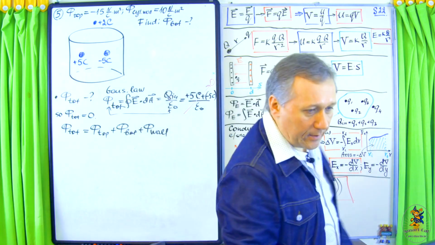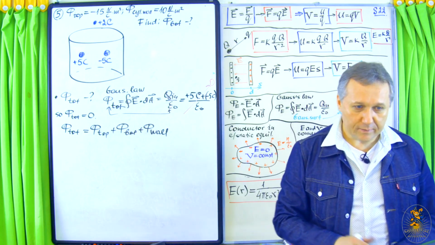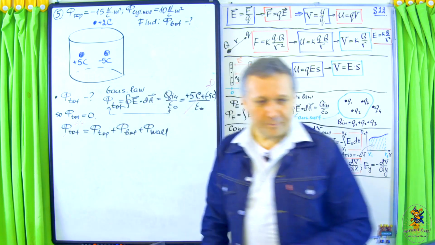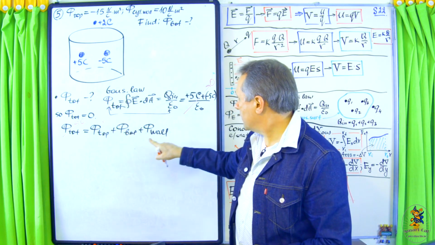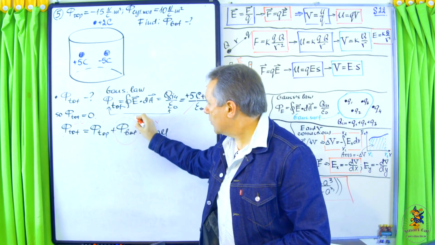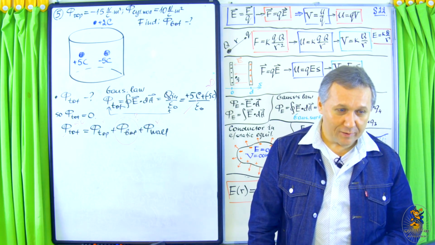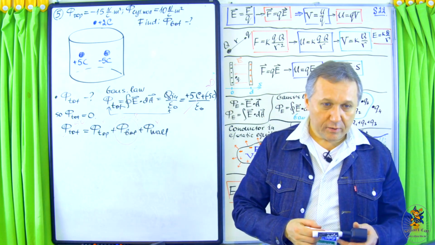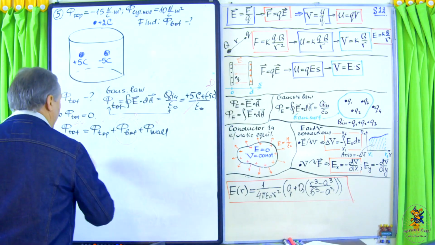Flux is an integral, so the total flux through this complicated surface can be divided into 3 fluxes. We just found this is 0. This value is given, minus 15. This value is also given, 10. And that is basically what we need to find. Once you realize the value of the total flux, the rest is just a question of subtracting numbers. So let's solve it for phi at the bottom.